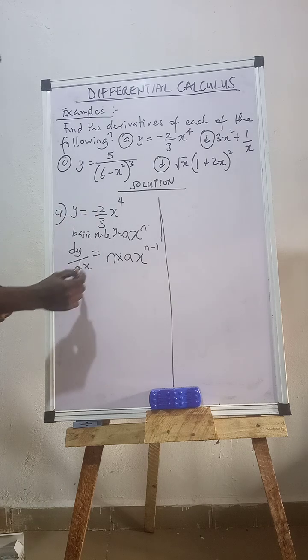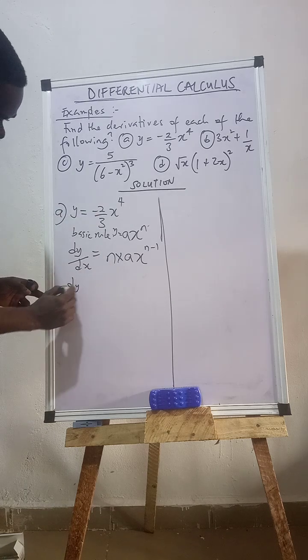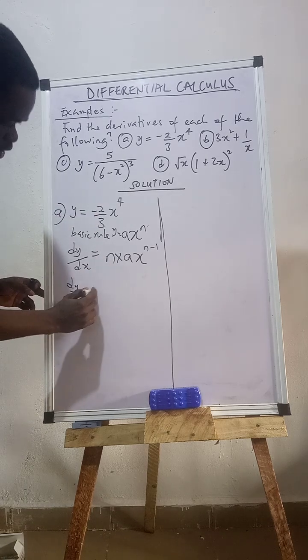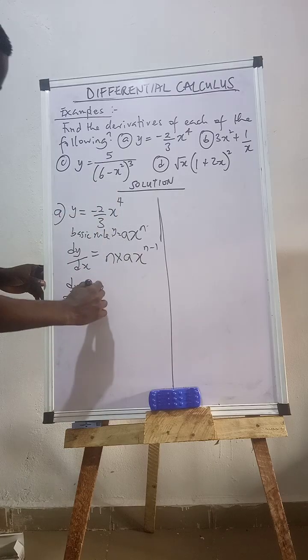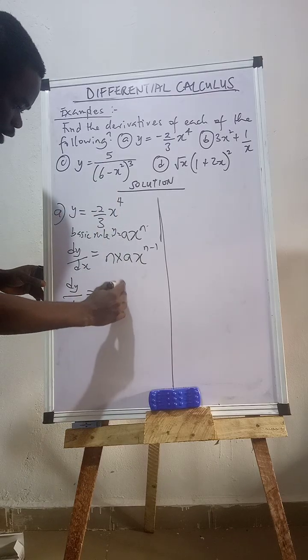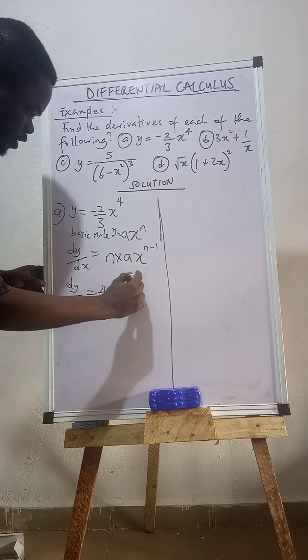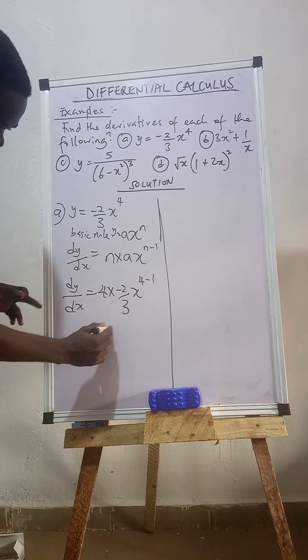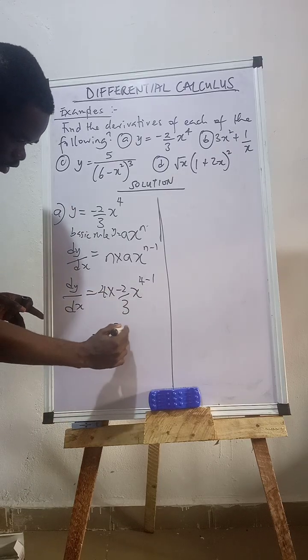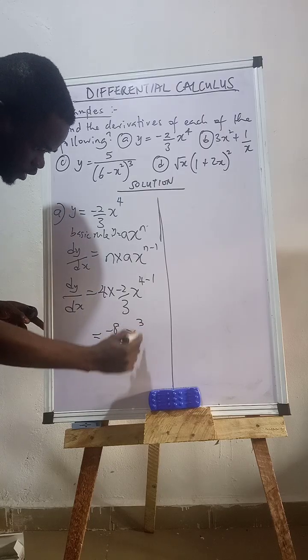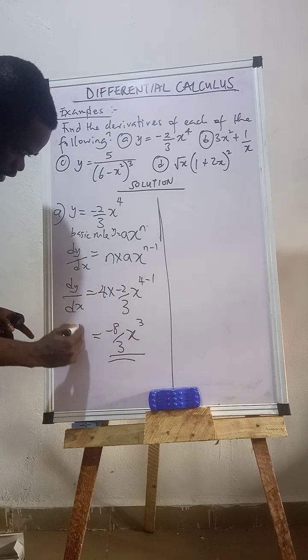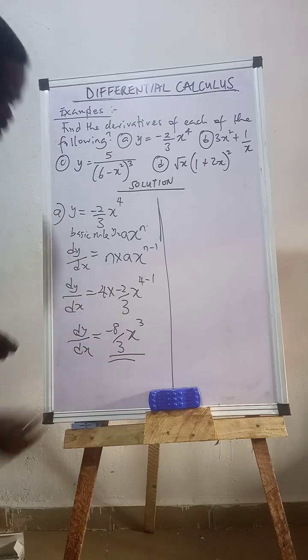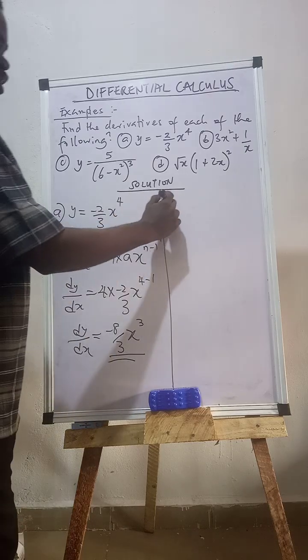So using that in this question, we have dy over dx, therefore, is equal to 4 comes to the front, multiply minus 2 over 3 x, 4 minus 1. So 4 times minus 2 is minus 8 over 3 x raised to power 3. That is the dy over dx of A.